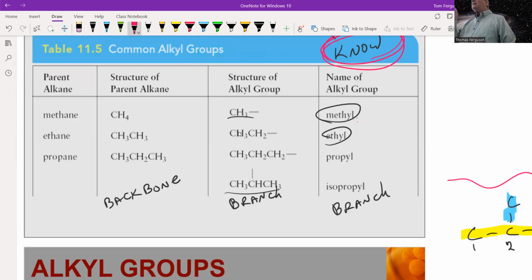So the YL means it's a modifier of the original backbone. If it's 2 carbons long, the base molecule is ethane, the branch is called ethyl. And then there's propyl, butyl, it goes on and on.